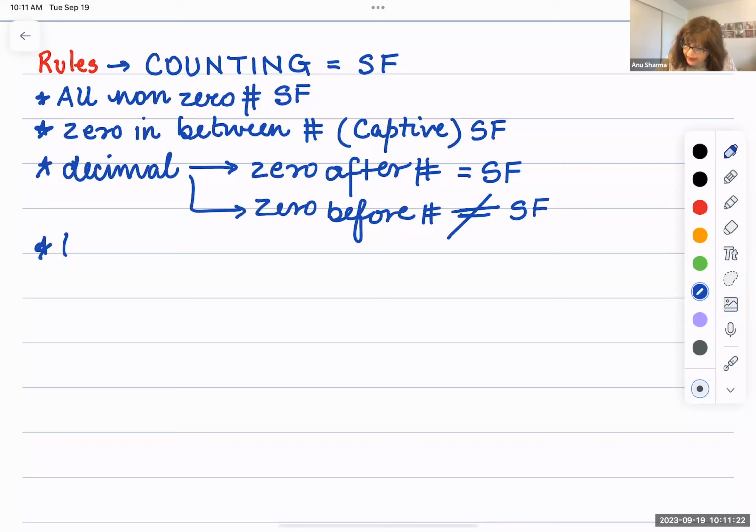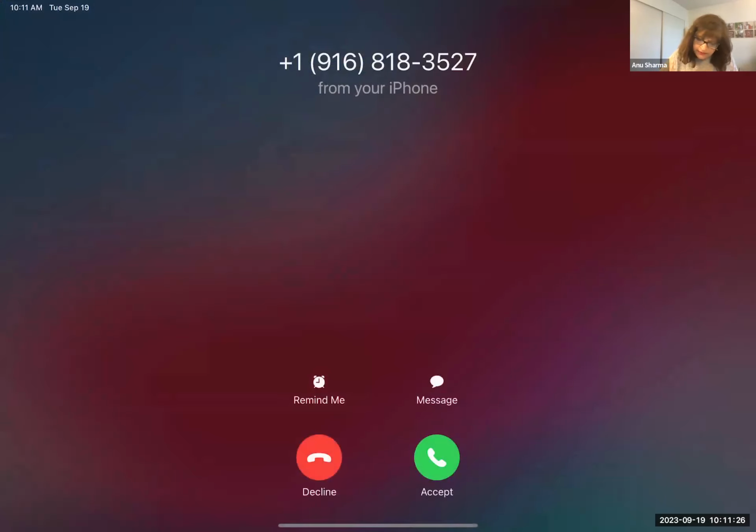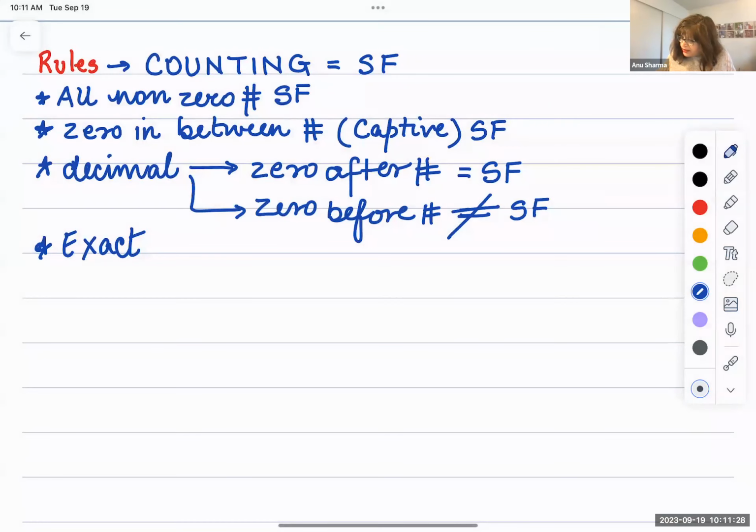And the last one is the exact numbers. Now, this is a mistake students make. They don't understand the exact numbers and they make a mess here. So the exact numbers are not significant figures.